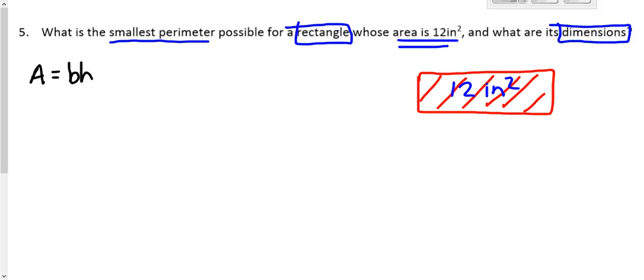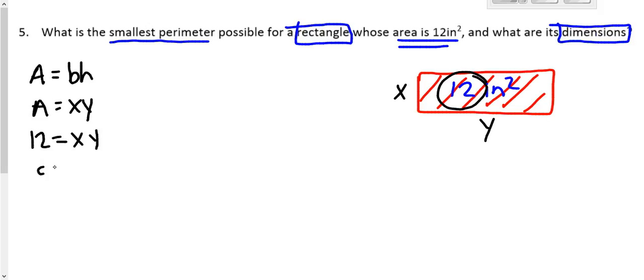So we need to call our sides X and Y or B and H or whatever you want to do. From there, we know that our area is going to be X times Y, and they told us our area is 12. So we have 12 equals XY. Here is our constraint, so that keeps us from having a million answers.